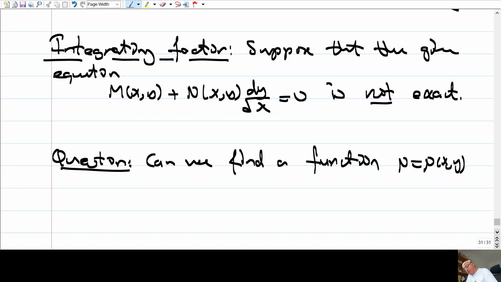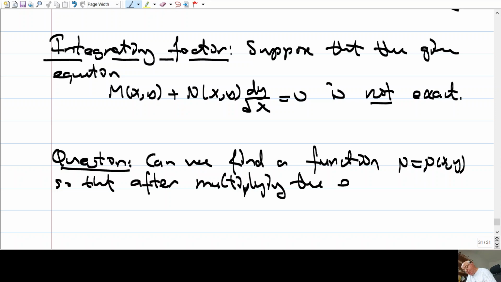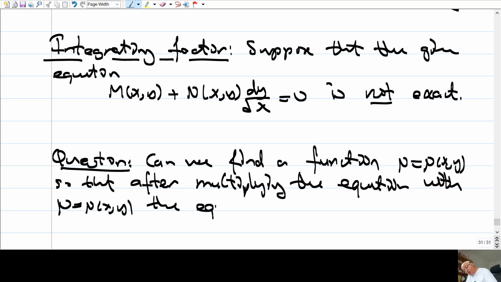Can you find a function mu(x,y) so that after multiplying the equation with mu(x,y), the equation becomes exact?